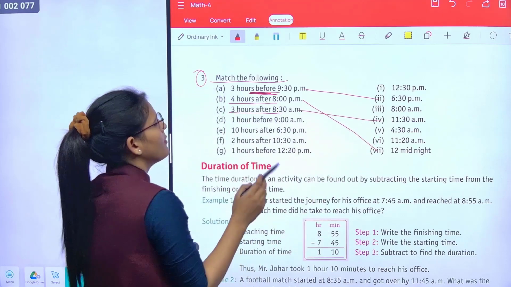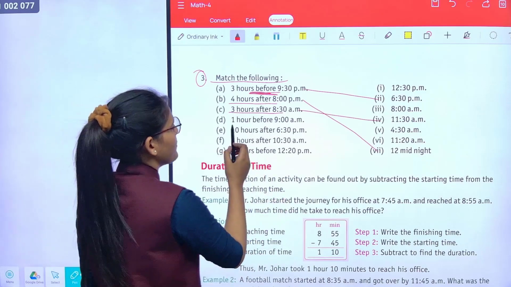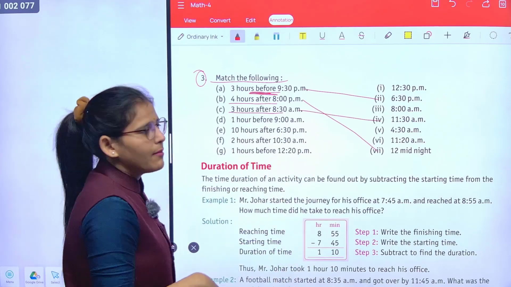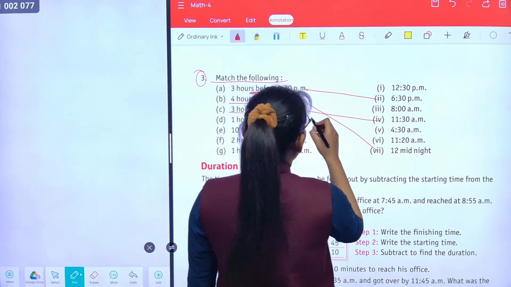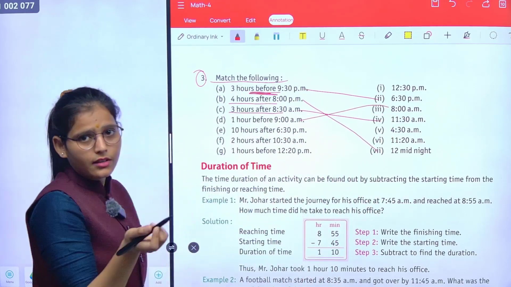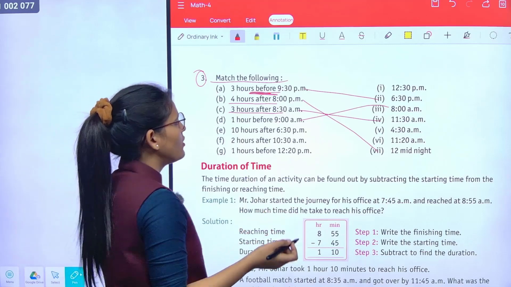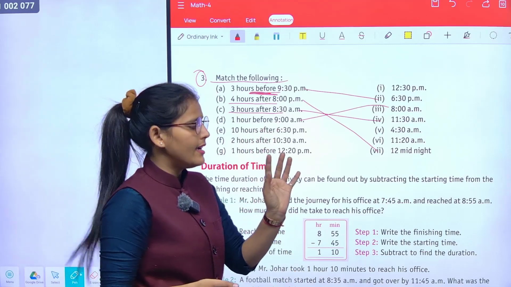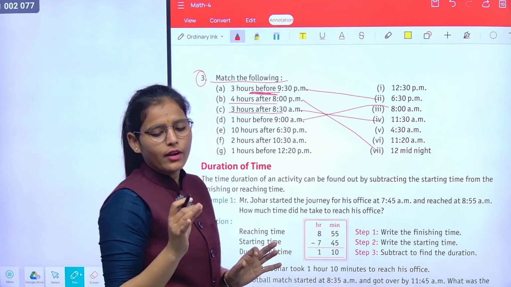Now 1 hour before 9 AM, that is 8. Now 10 hours after 6:30. 10 hours class. You can count 7, 8, 9, 10, 11, 12, 13, 14, 15, 16.